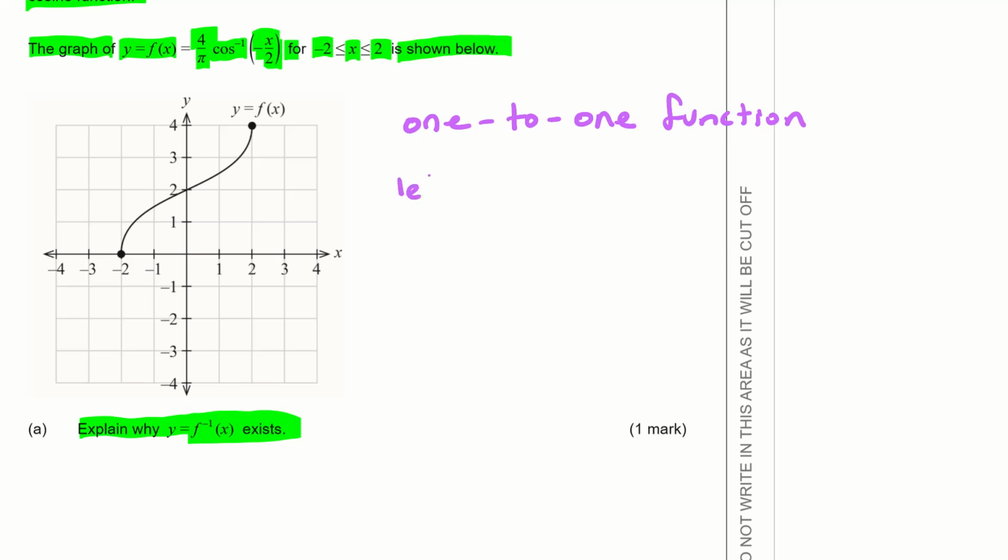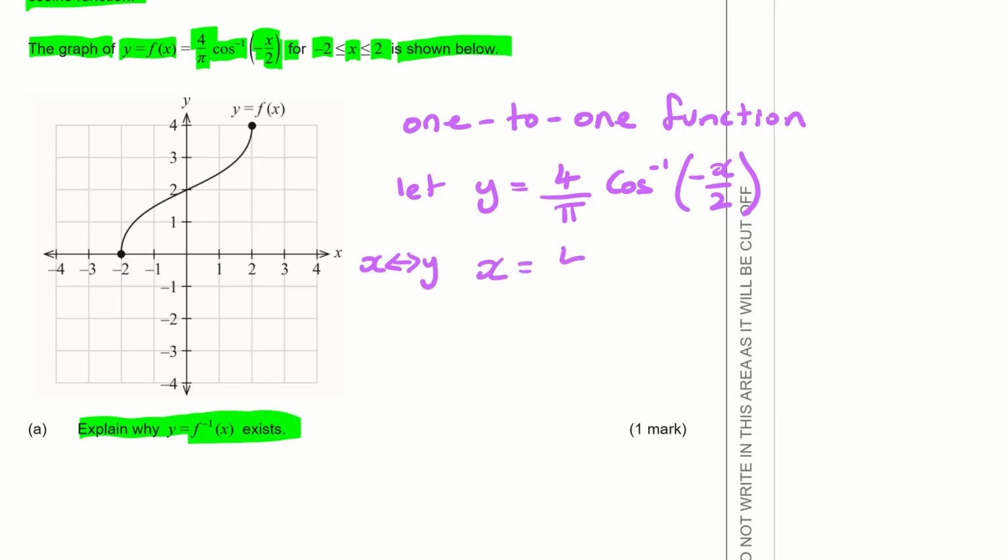we're going to let y be equal to 4 over pi inverse cosine negative x on 2, and then interchange x and y. So x is going to be 4 over pi inverse cosine negative y on 2.